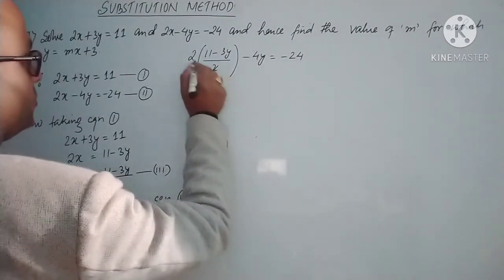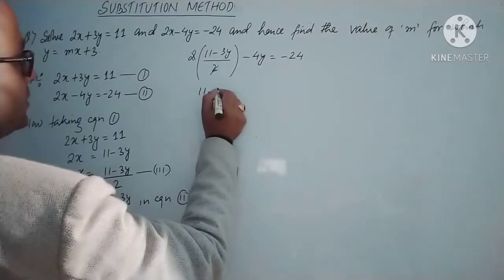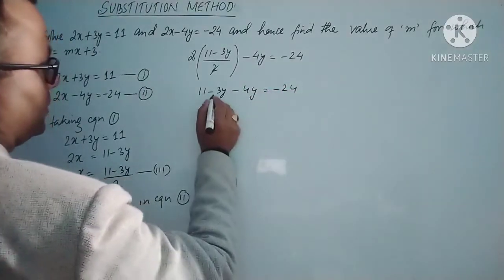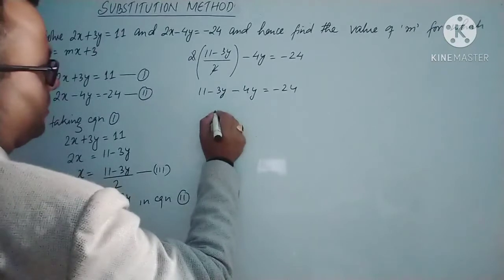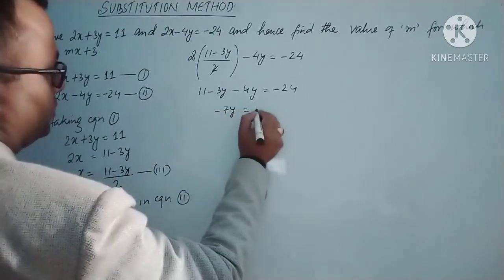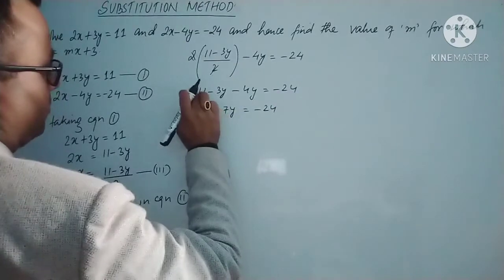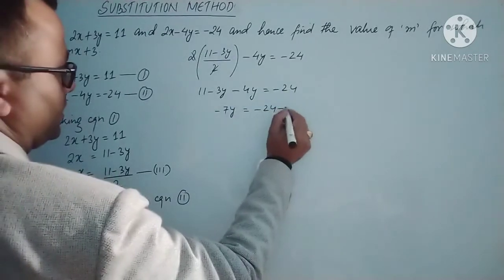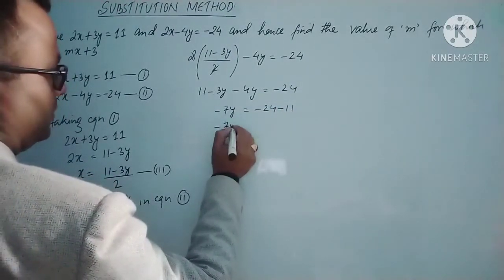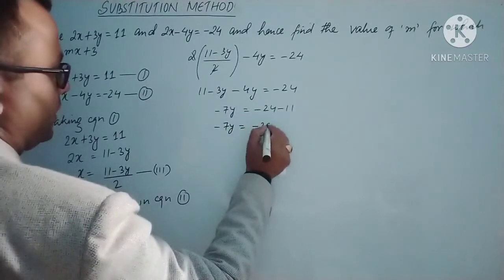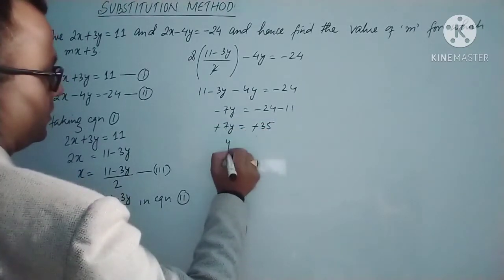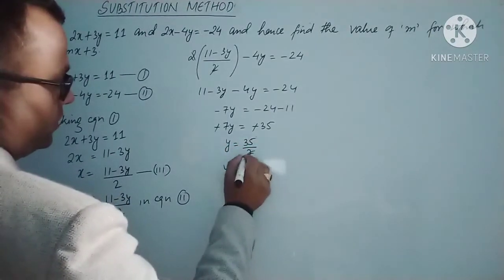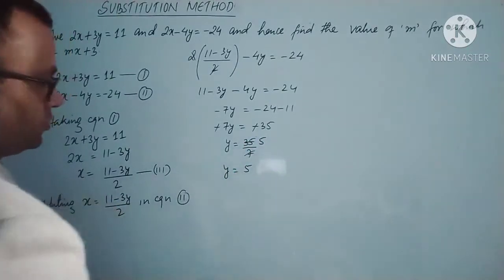Now we can cut these 2. So 11 minus 3y minus 4y equals minus 24. This equals minus 4y minus 3y is minus 7y, equals minus 24 minus 11. Now plus 11 we take to the right hand side, so plus 11 will become minus 11. So minus 7y equals minus 35. So we can cut minus minus here. So y equals 35 by 7. So y equals 5.